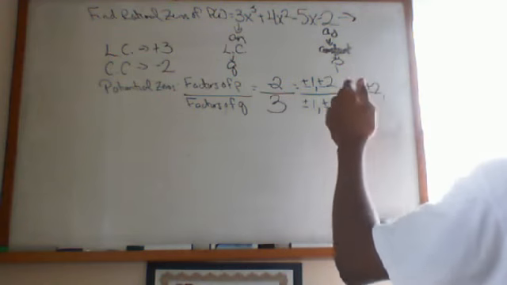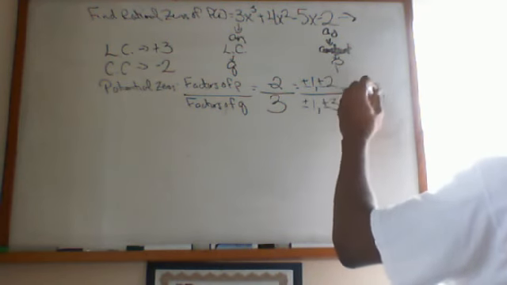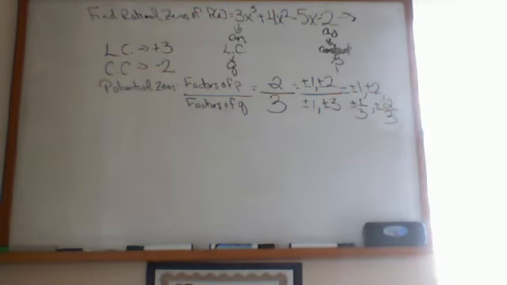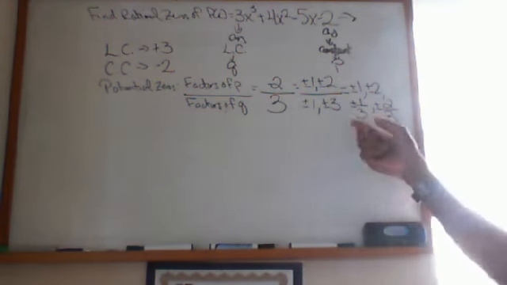And 2 divided by 3 is 2/3, which is really 0.66 repeating, and 1/3 is 0.33 repeating.